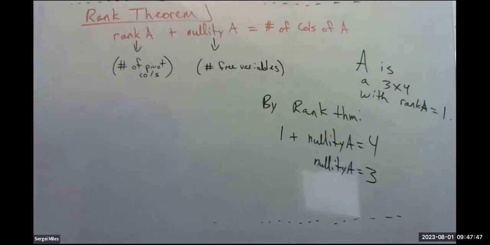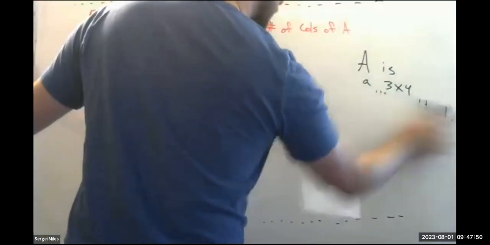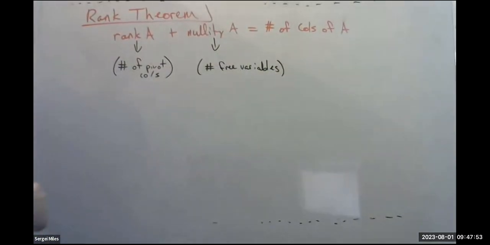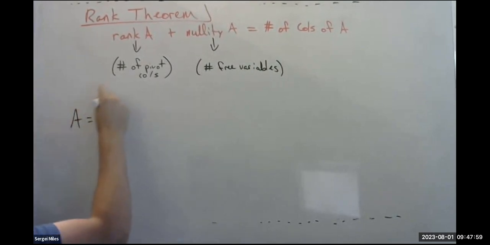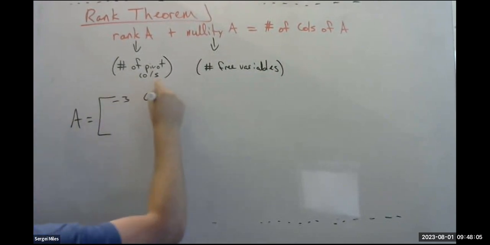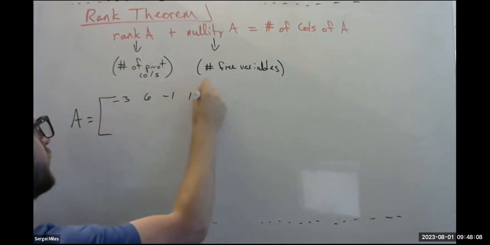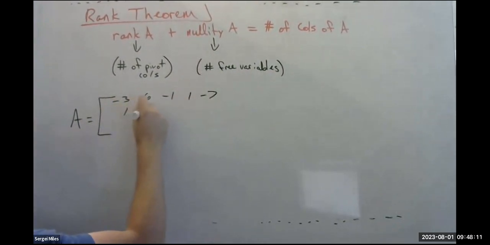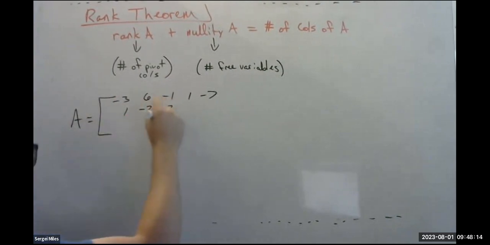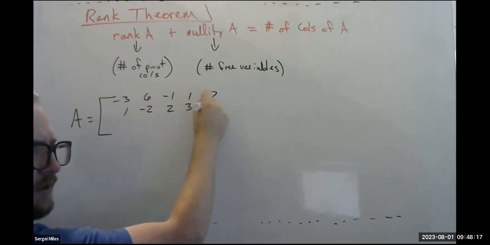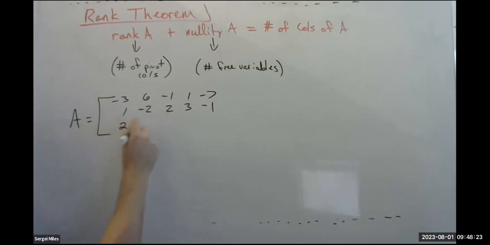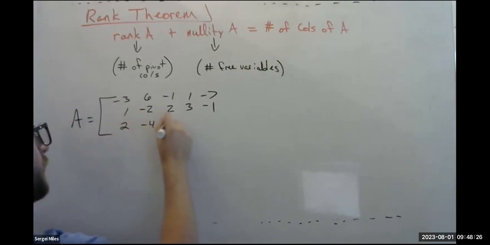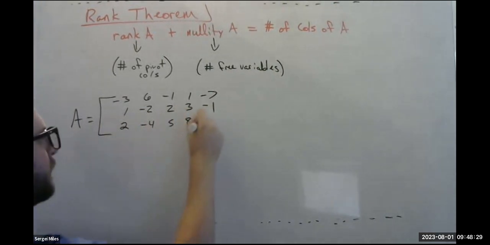Okay, so we can do an example that uses this. Let's suppose we have the following matrix A, and here A is equal to the matrix -3, 6, -1, 1, -7, 1, -2, 2, 3, -1, and 2, -4, 5, 8, -4.